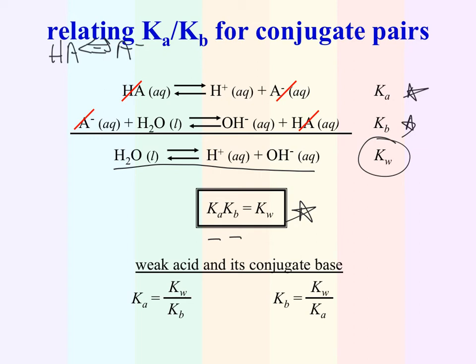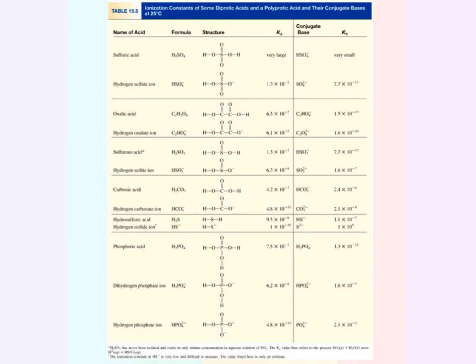What's neat about this is that we can utilize it to figure out our Ka or Kb of related conjugate base pairs. We can see some of these data points in the data table seen here. If we look at various acids and their conjugate base pairs, we can see the relationships that are produced.